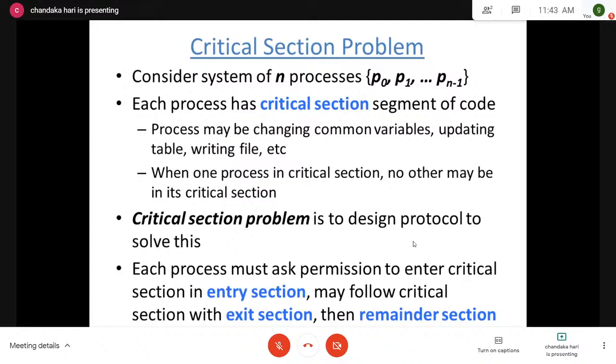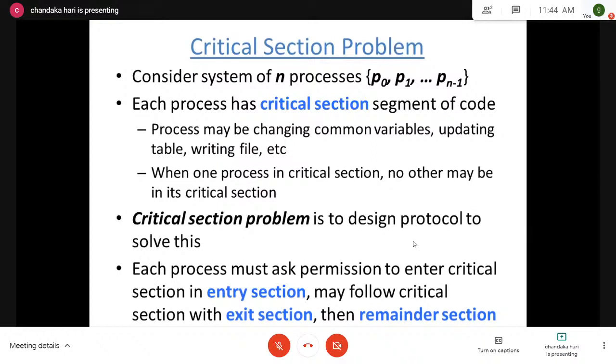Another definition we have seen is that a process is a continuous collection of CPU and IO burst cycles. Now we'll see another definition of process: a process is a continuous collection of critical and remainder sections.